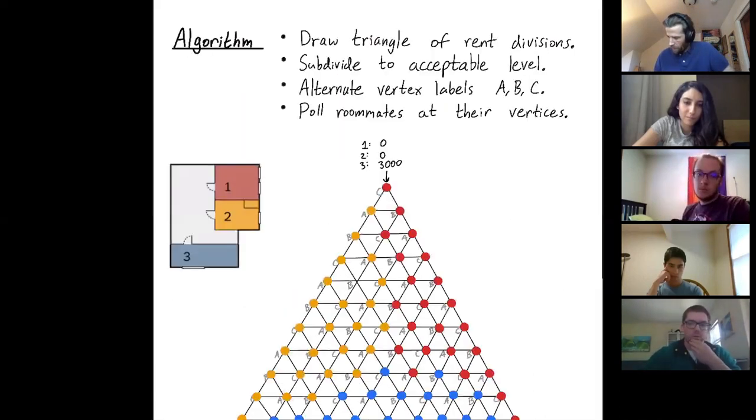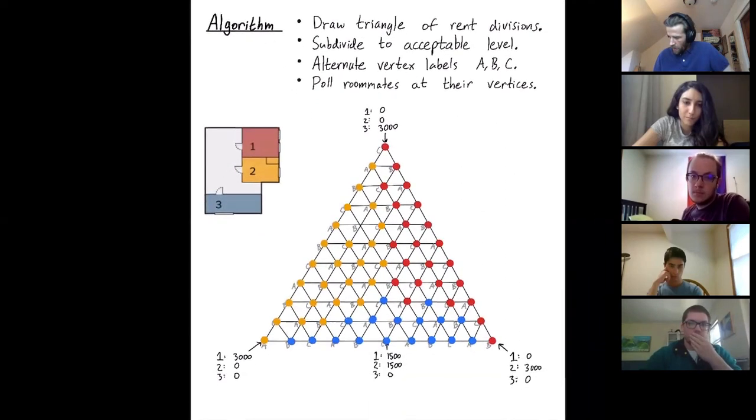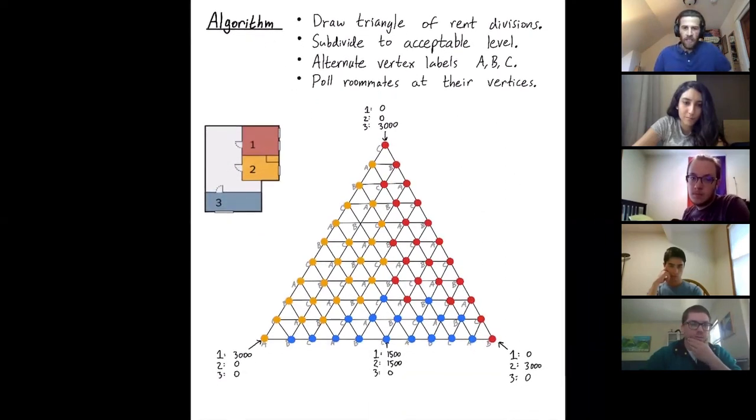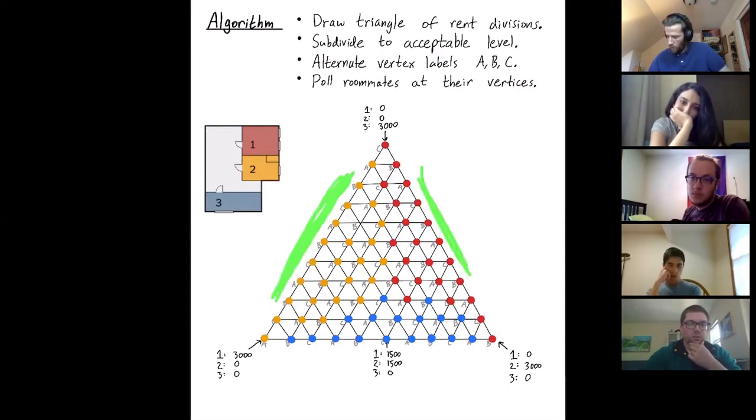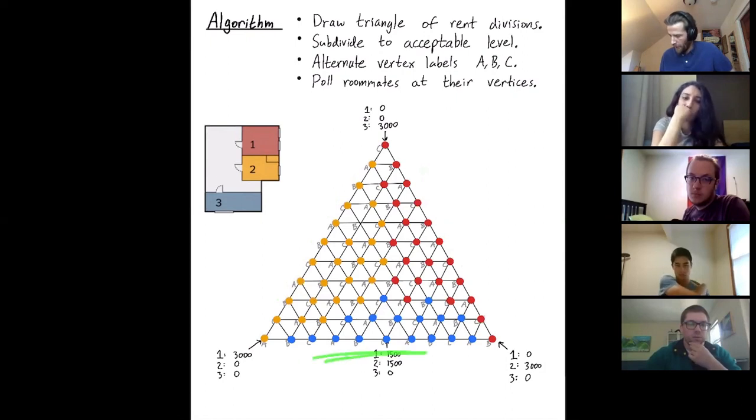Often you'll get assignments that look like this. Near where room 2 is very cheap, people will often prefer room 2. Near where room 1 is pretty cheap, people will often prefer room 1. And near where room 3 is pretty cheap, people will prefer room 3.